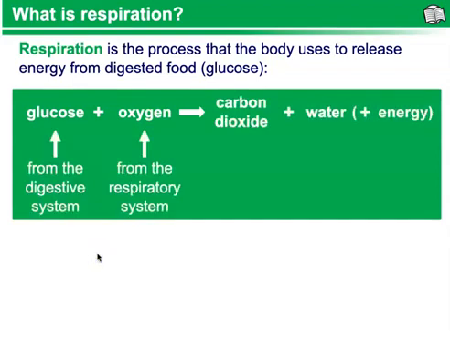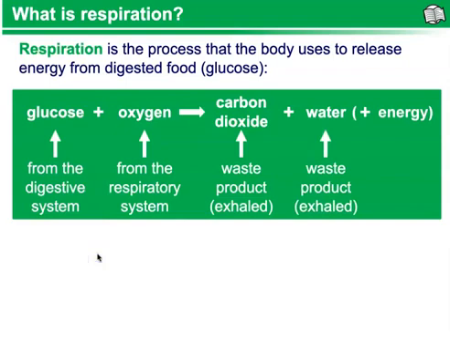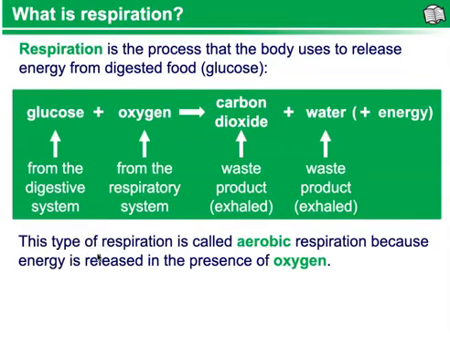The oxygen from the respiratory system, from breathing, gives us carbon dioxide, water, and energy. Carbon dioxide is a waste product that we exhale, and water is a waste product that we exhale as well. This type of respiration is called aerobic respiration because energy is released in the presence of oxygen.